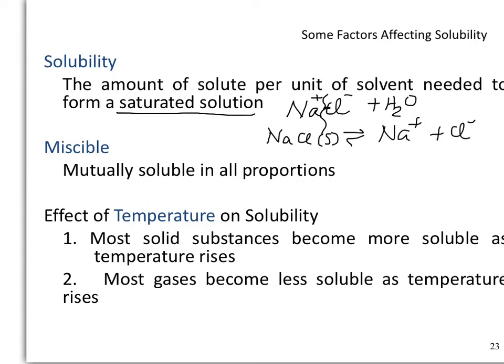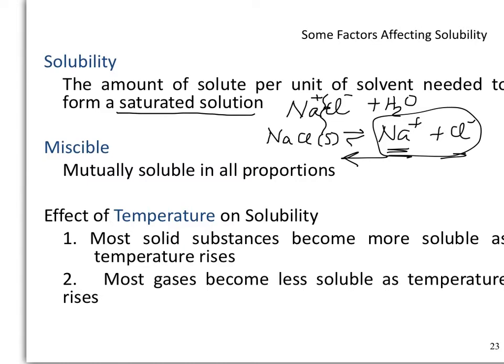And at that point, if the concentration is more than a saturated solution can hold for that particular temperature, maybe some of the sodium and chloride will come together and start crystallizing the sodium chloride solid back. So in that sense, it's similar to a forward and a backward process, which is why I'm using the word equilibrium to show you that.